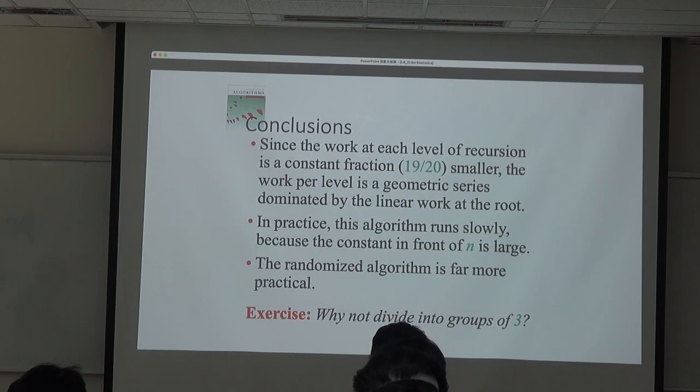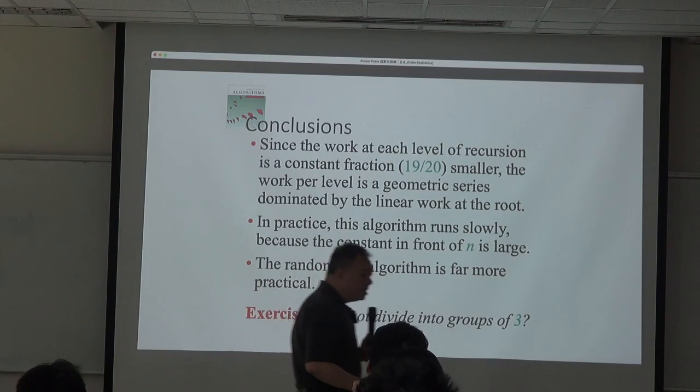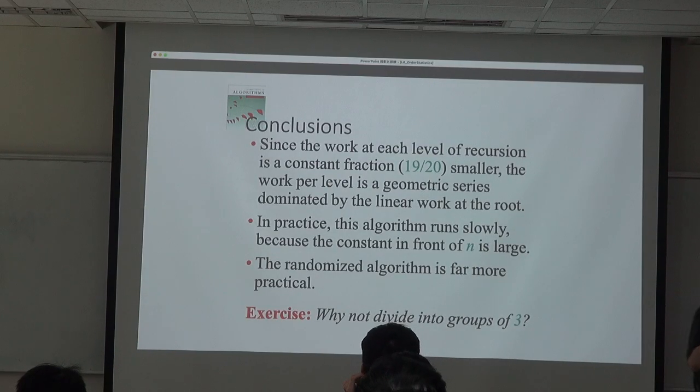Anyway, one interesting question that you should consider: here we break the numbers into groups of 5, right? Why doesn't a group of 3 work? You could give it a shot and try to analyze it, and you will find that a group of 3 doesn't work.